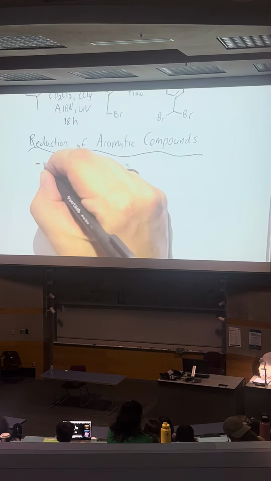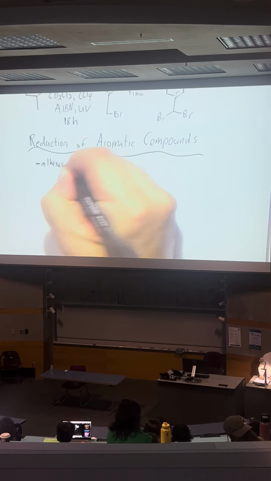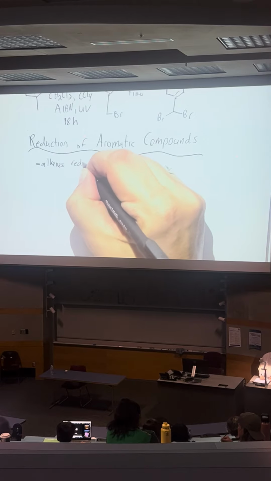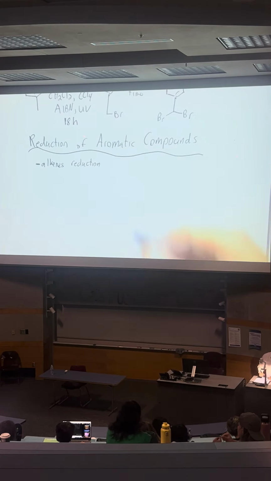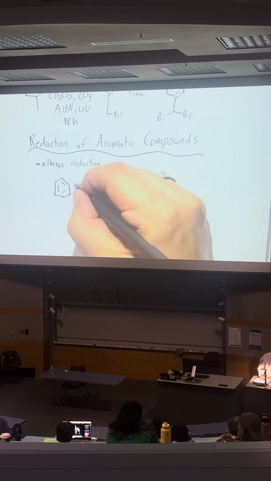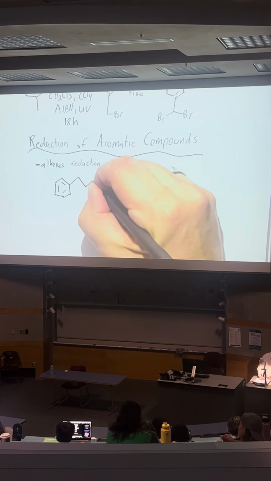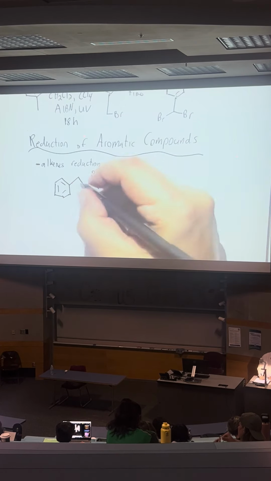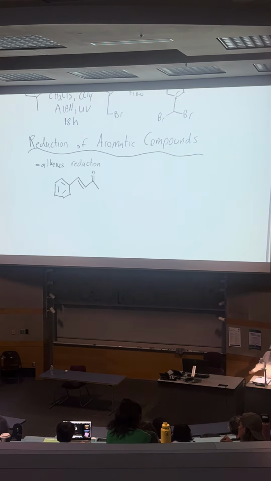And so, of course, for this first example, we're talking about alkene reduction, or the reduction of alkenes. If you remember, the aromatic double bonds in the aromatic ring don't react like alkenes, which means if there are alkenes present on the side chain, we can target those exclusively, right?